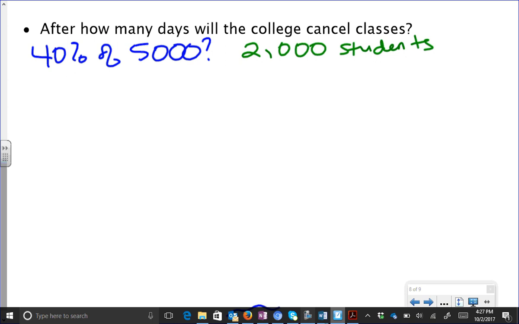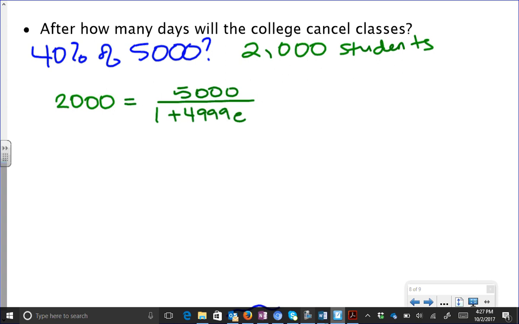So what we need to do is take this equation and set it equal to 2,000. So we have 2,000 equals 5,000 divided by 1 plus 4,999e to the negative 0.8t. Okay, that is what we need to solve. My first piece of advice would be to multiply this over so that we no longer are working with a fraction.